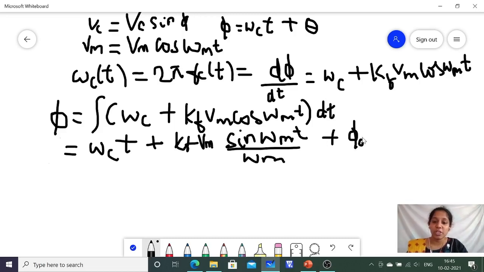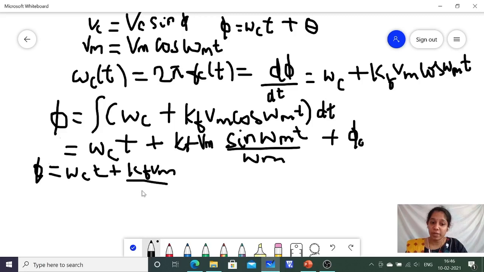Therefore phi is equal to omega c into t plus kf Vm by omega m, or 2 pi fm into sine omega m into t.